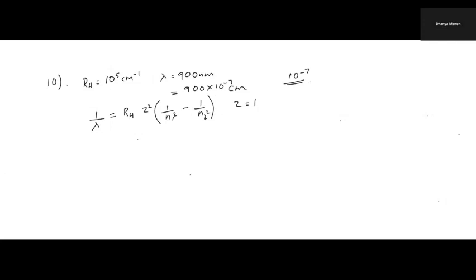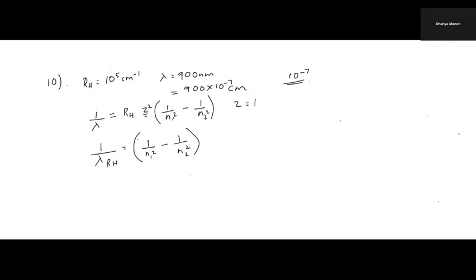This is what we have to find, because when we know the values of n1 and n2, only then will we know which series it is.